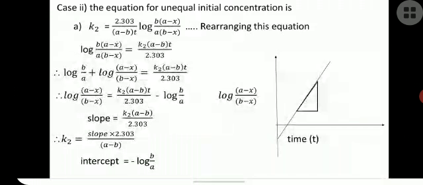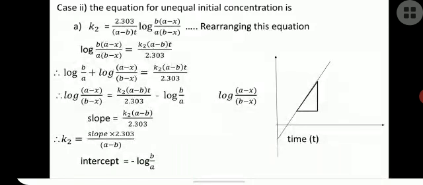Again rearranging, log(b/a) + log[(a − x)/(b − x)] = k2(a − b)t/2.303.